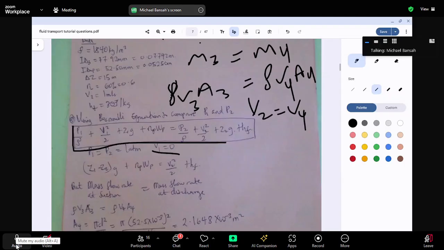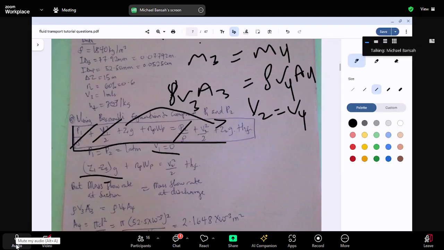Now, knowing this, P1 equal to P2, it means P1 will cancel out P2 if you arrange them, because they are the same. If you send P1 to the left-hand side, they will cancel out. V1 is 0, so this term is gone. Is that fine? Now, we have Z2. We'll bring this here to get Z2 minus Z1, and that's what we have over here.